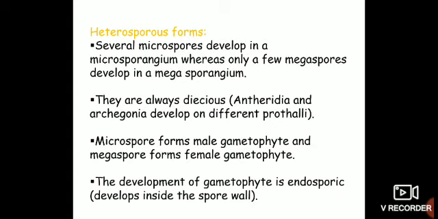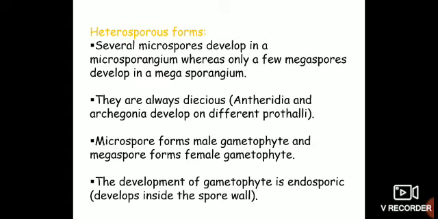In microsporangium, a large number of small spores are produced which are known as microspores, whereas in megasporangium a small number of large spores are formed, which are known as megaspores. Megasporangium में कम spores बनते हैं, but these spores are large in size, and these spores are known as megaspores.